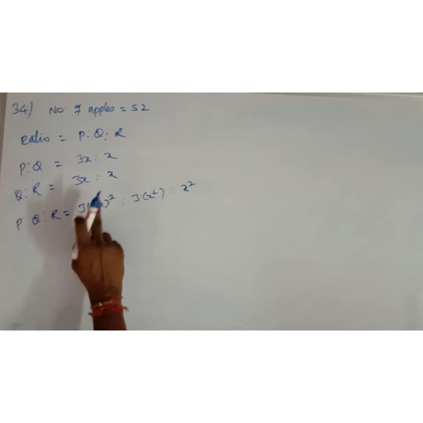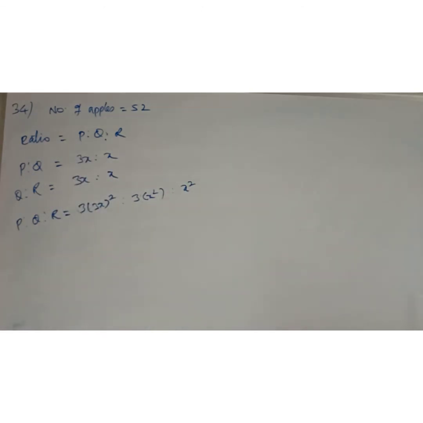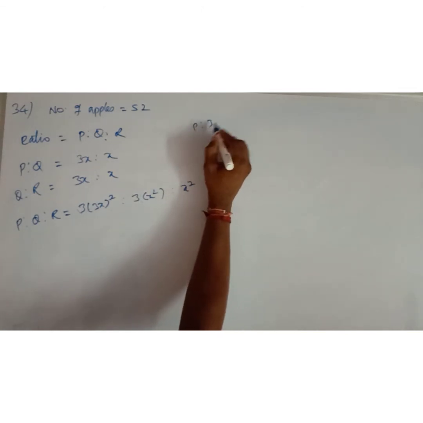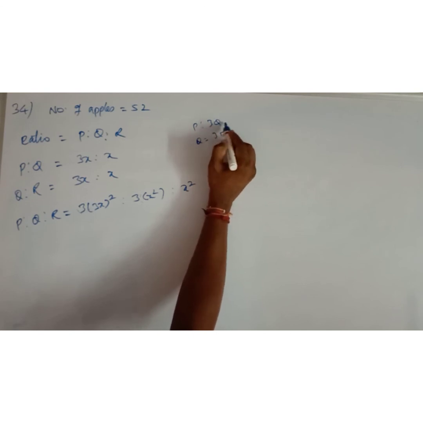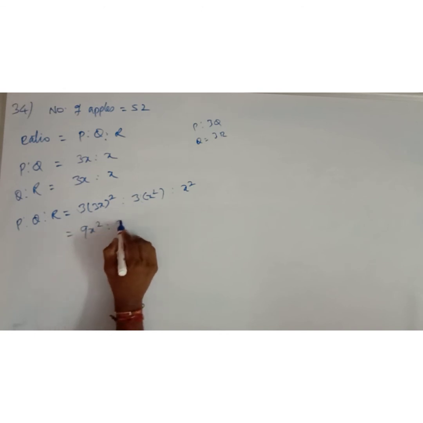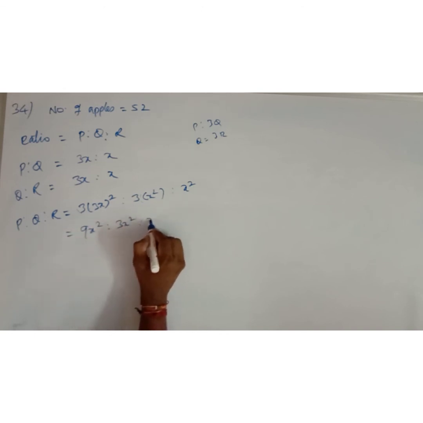That means if Q is getting 3 times of R and P is getting 3 times of Q, then what about P? P has to get 3 into 3, that is 9. 9x square is to 3x square is to x square.